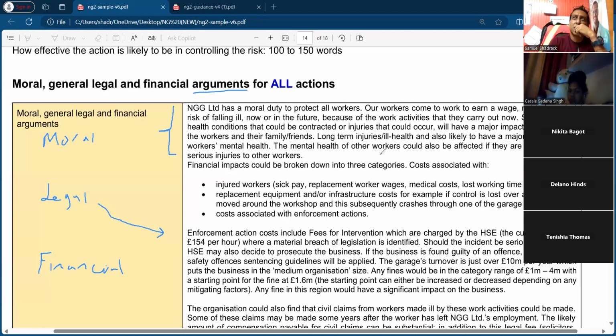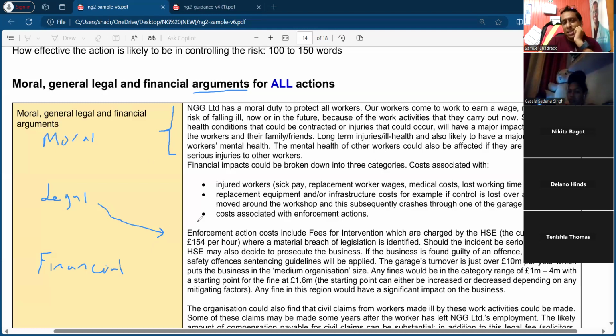But you do have to tie it into the company. So I think there is a tie into the company, but it's not that in depth. So three, four paragraphs is enough.